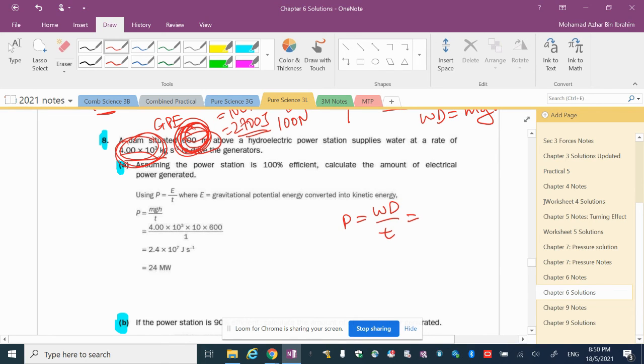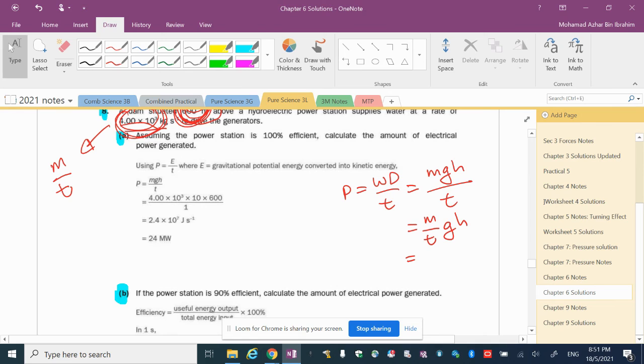So the work done is just mgh, which is the GPE of the water over time. Now, this question is a little bit difficult because you need to identify that this is the amount of mass passing by in 1 second, mass per unit time. So if I separate it out, then I get m over t times gh.